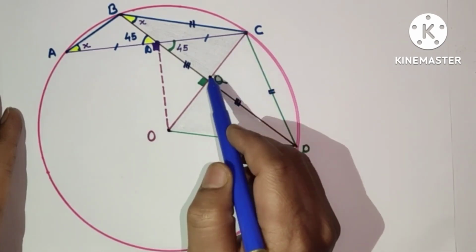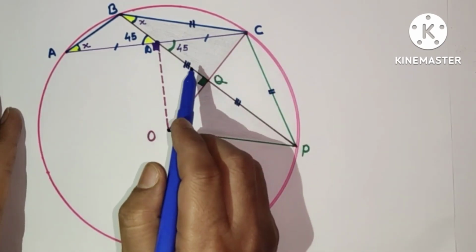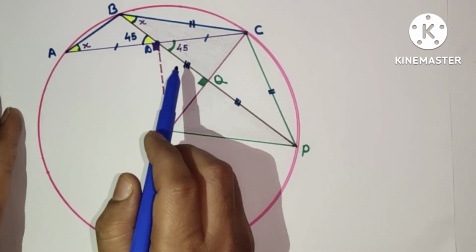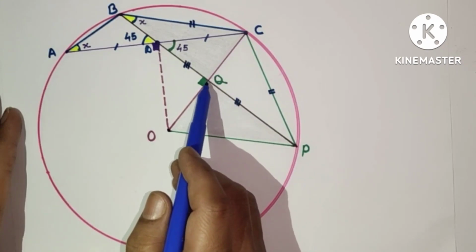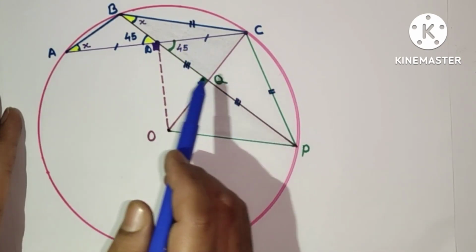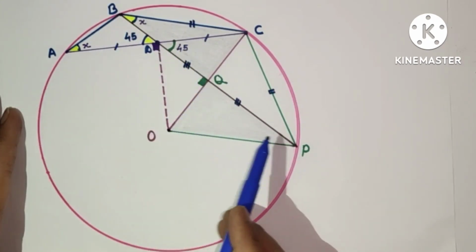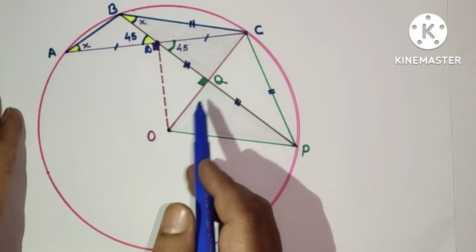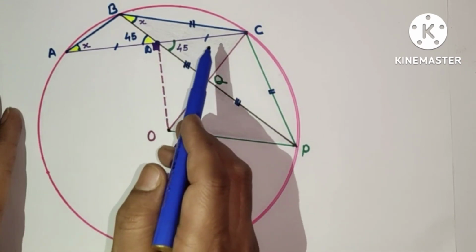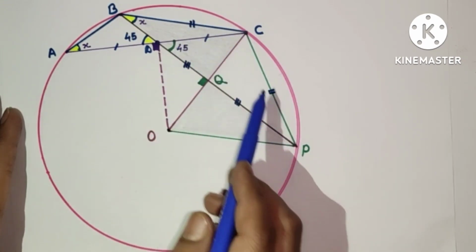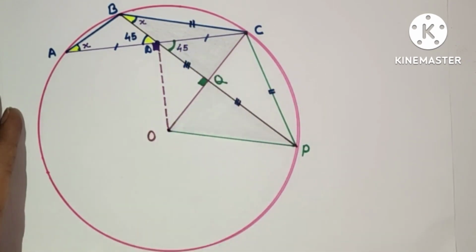Now join CQ. Since CB is equal to CP, CQ is common in both the triangles, and QB is equal to QP, as we found just now that a perpendicular drawn bisects the chord, by the SSS test these two triangles are also congruent.